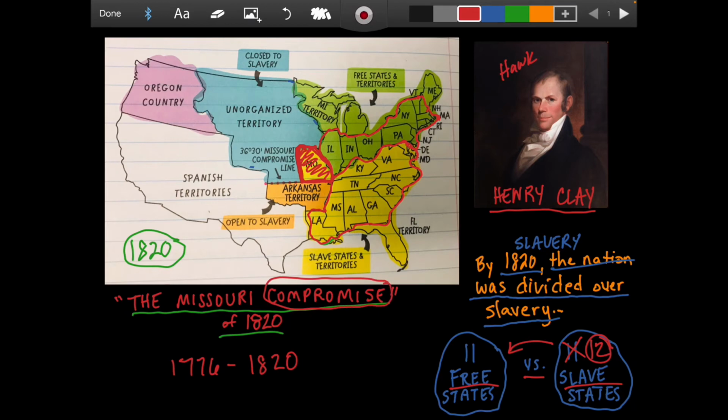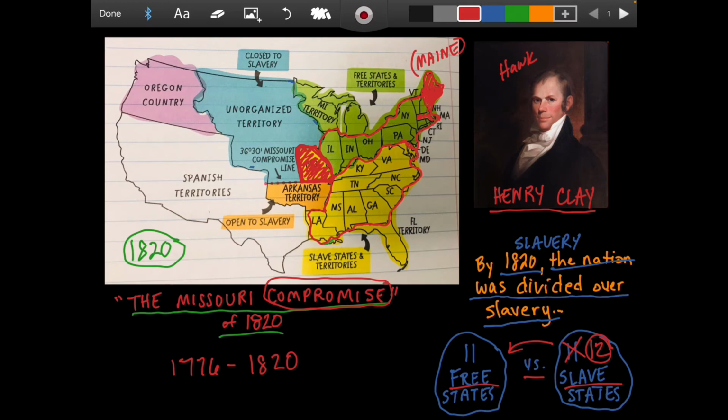He knows that the reason people are upset about Missouri becoming a state is because it will tilt the balance. But what if another state were to come into the Union at the same time as Missouri, but it were to come in as a free state? Now, the territory that was known as Maine was actually part of Massachusetts, but it never actually developed into a state.